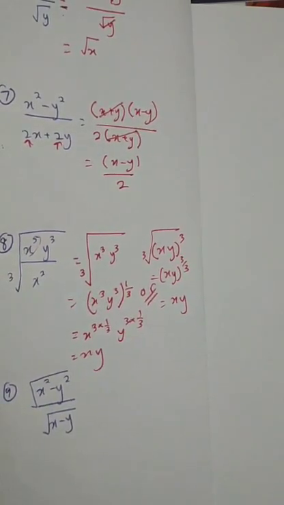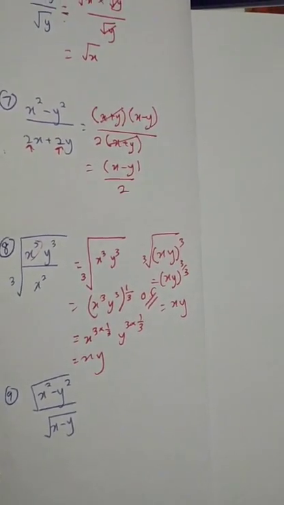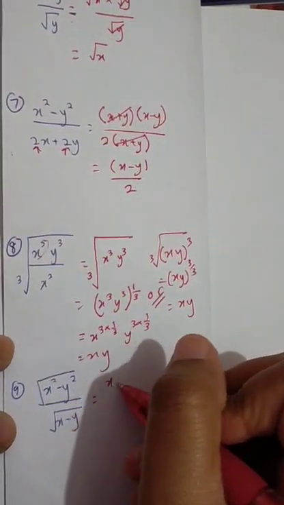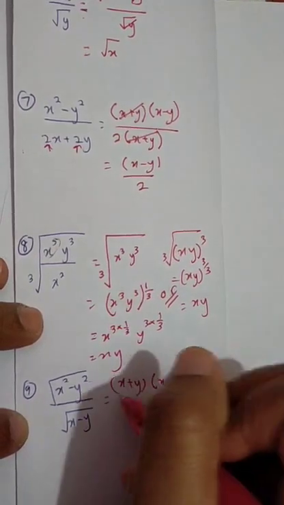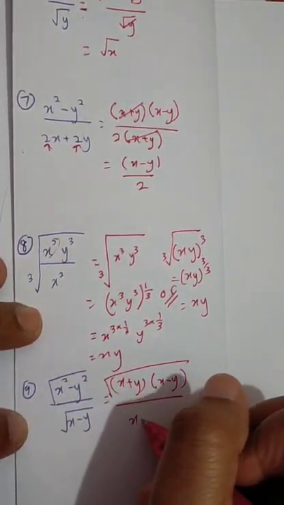Okay, so next one. As I told you, x squared minus y squared is equal to (x + y)(x - y), and you will still have the square root here, over the square root of x minus y.